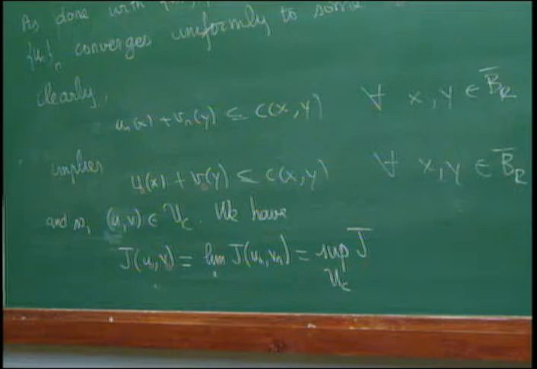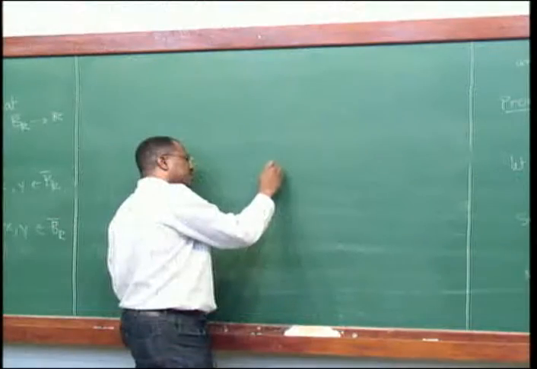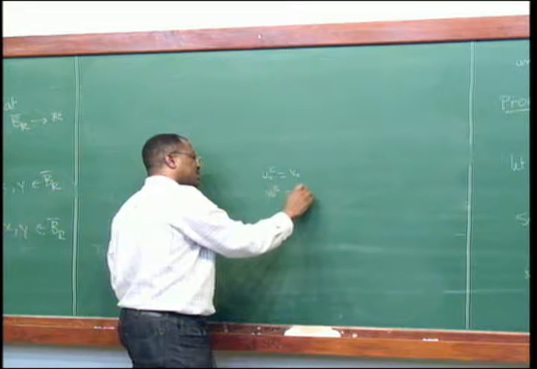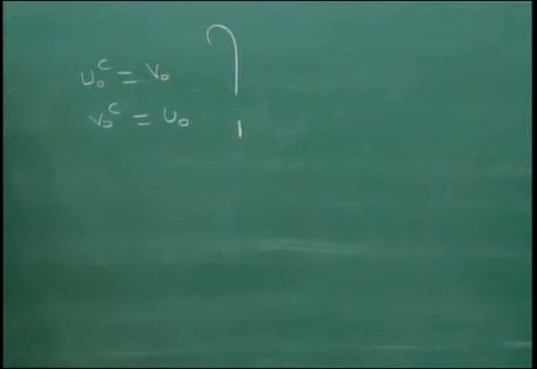Can I conclude that U naught^c is V naught and V naught^c is U naught? You can change, right? Because you already proved that if you change by the c transform, you get a maximizer.